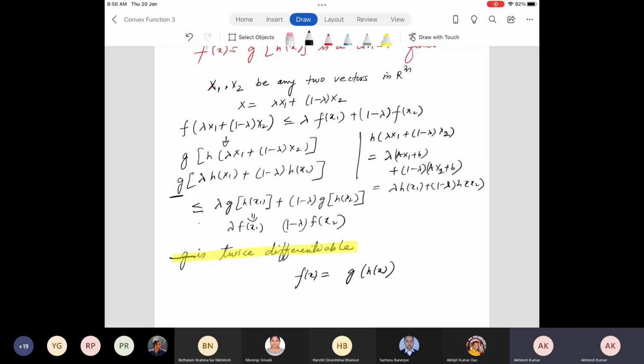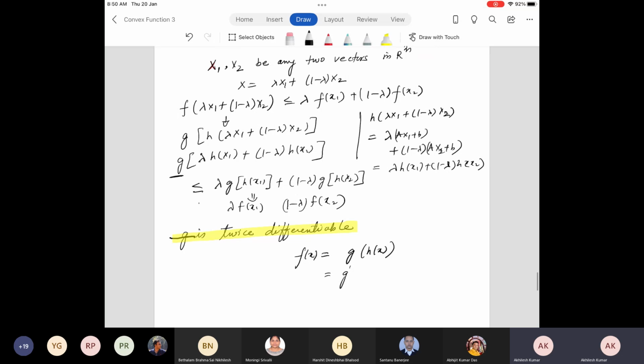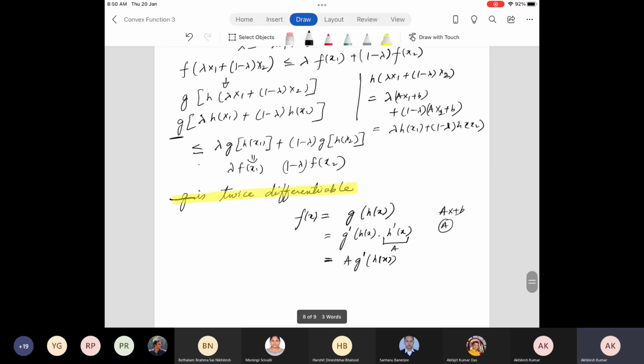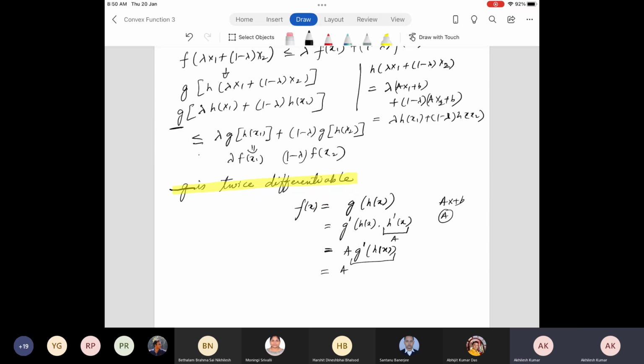How do I differentiate this one? Can I write g dash of h of x times h dash of x? Is this correct, guys? Yes, sir. What is h dash x? Simply a. So I can write a g dash of h of x. Then again differentiating this one, g double dash of h of x into h dash x.